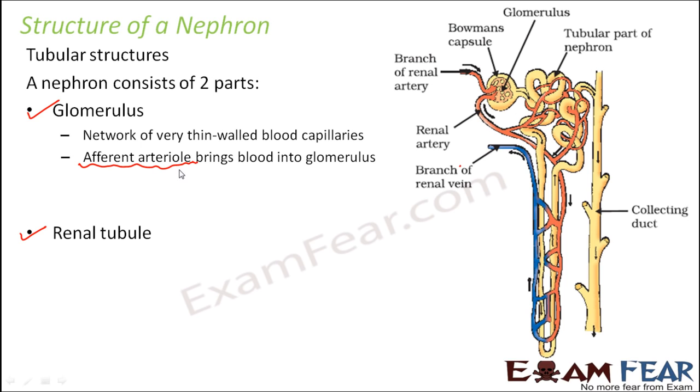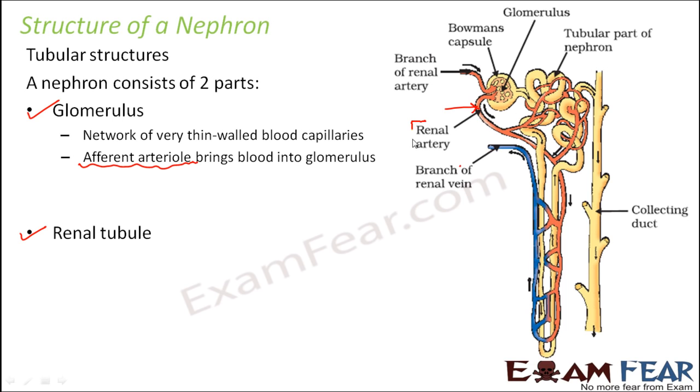What is arteriole? The arteries branch further to form finer arterioles. And this arteriole which brings in blood into the glomerulus, that is called afferent arteriole, and the arteriole which takes the blood away from the glomerulus, that is known as the efferent arteriole. So this one is the afferent arteriole and this is the efferent arteriole.